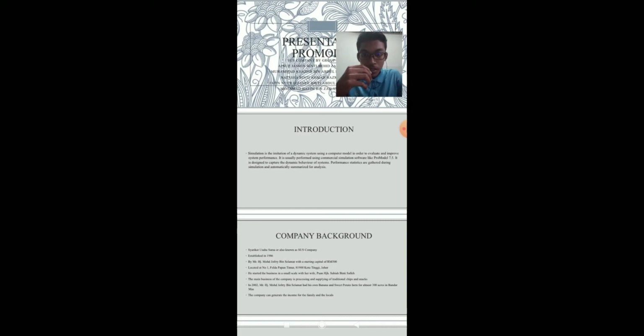It is located at Felda Papas Timur, Kota Tinggi, Johor. He started the business on a small scale with his wife, Puan Hajah Sabiah binti Saleh. The main business of the company is processing and supplying traditional chips and snacks. This company sells rempeyek, keripik pisang, keripik keladi, keripik pedas and many more.